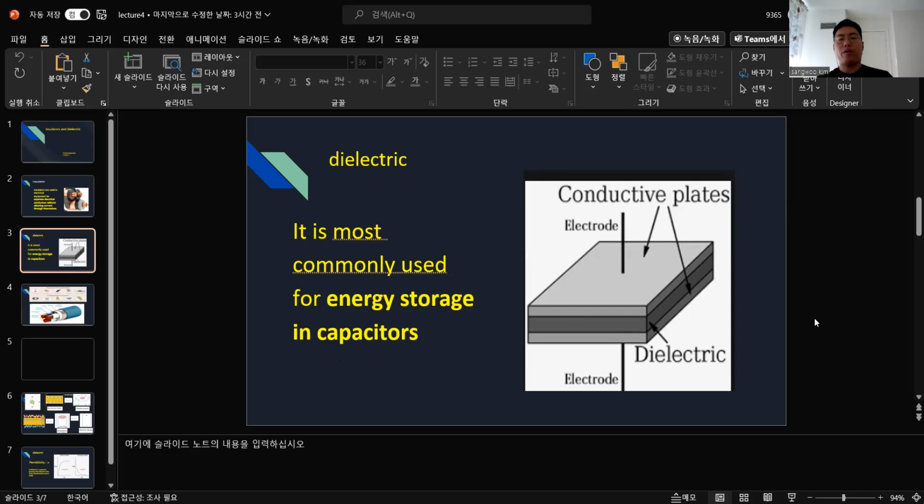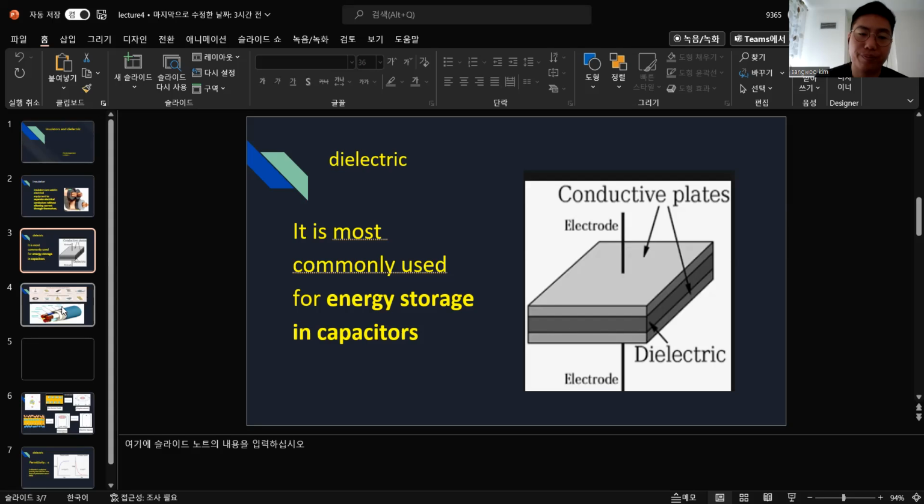More specifically, the dielectric draws the current from outside and stores it, like a battery. You can see here there are two plates made of metal, conductive plates, and between them there's a dielectric.